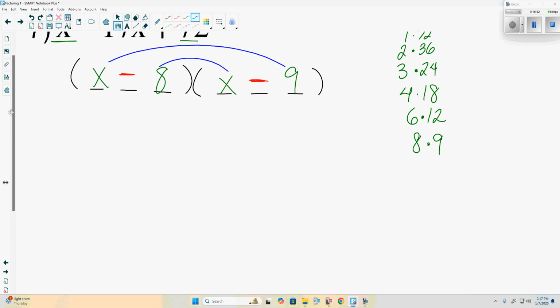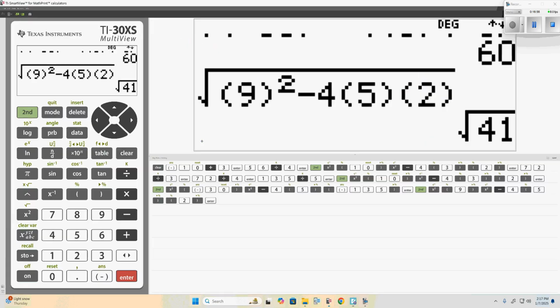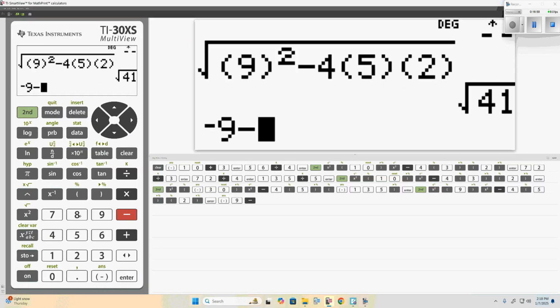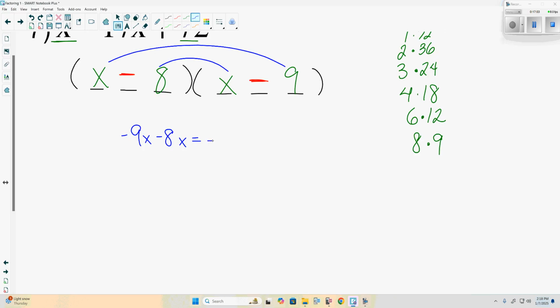Now, if we look at this here, x times negative 9 is negative 9x. Negative 8 times x is negative 8x. So we have negative 9x minus 8x, negative 9 minus 8 is negative 17x.